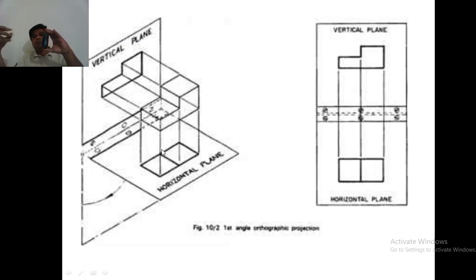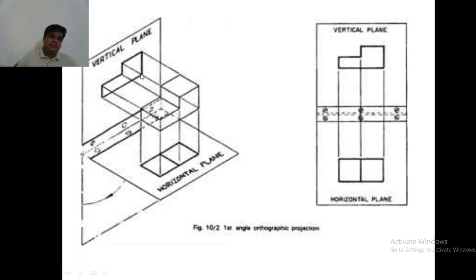The lines of sight will pass through this object and be projected on the vertical plane or the screen, and the view will be seen here. These are the projector lines, and the shadow of this object, what you see in the front, will fall on this plane of projection.